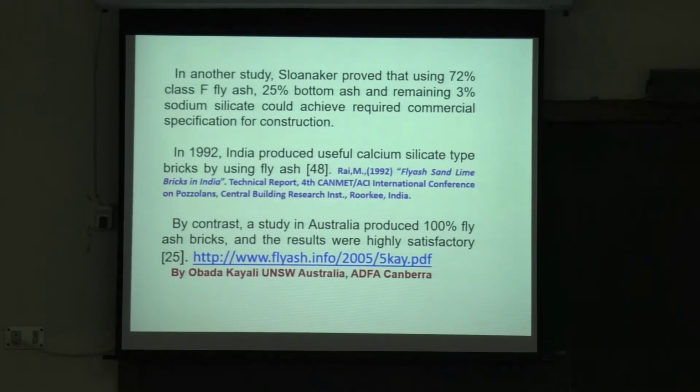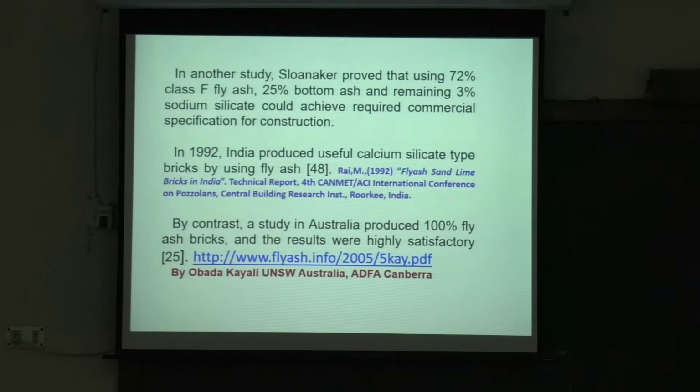In 1992, India produced useful calcium silicate type bricks by using fly ash. And also in Australia, a study in my university, UNSW, but he's actually a part of the Australian Defence Force Academy in Canberra, which is part of our university.